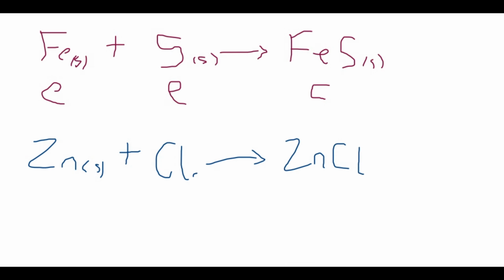Remember that chlorine is diatomic, so we put a 2 at the end of chlorine. Chlorine is in gaseous form, and zinc chloride is aqueous. This is AQ.